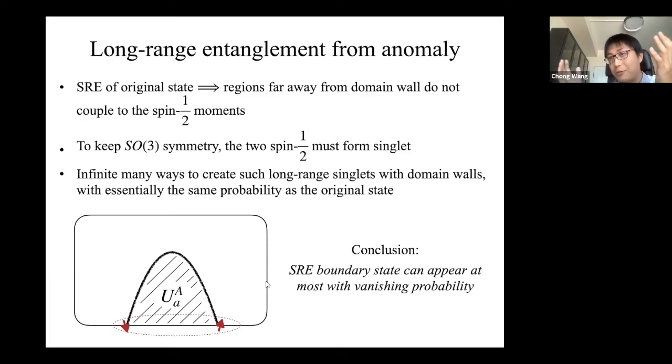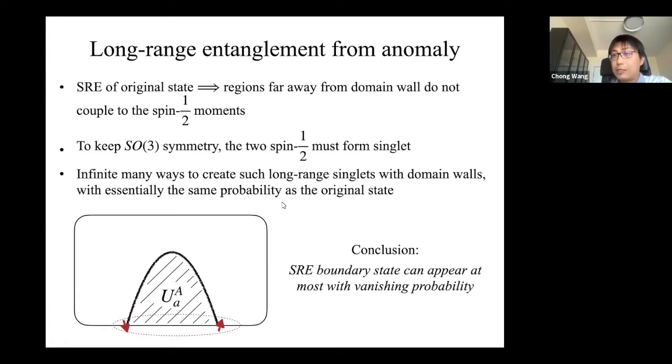Maybe there's no realization at all with short-range entanglement, not even with vanishing probability. That will also be consistent with this argument. But the conclusion is that even if you manage to find a realization that's short-range entangled, that realization must have a probability that goes to 0.